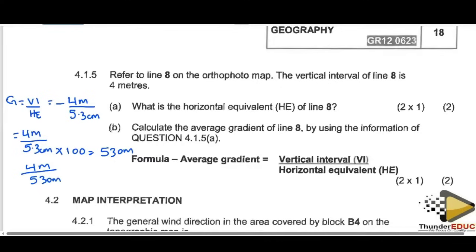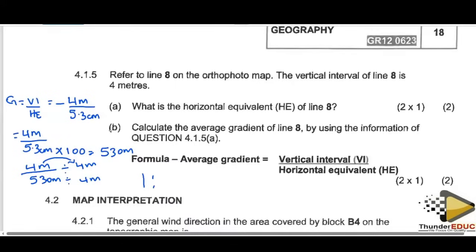So it means now we have 4 meters over 530 meters. If everything is in meters, then you can start to divide. What you do on top, you do at the bottom, so divide by 4. 4 divided by 4 gets 1. Remember, the answer for gradient must be in ratio.